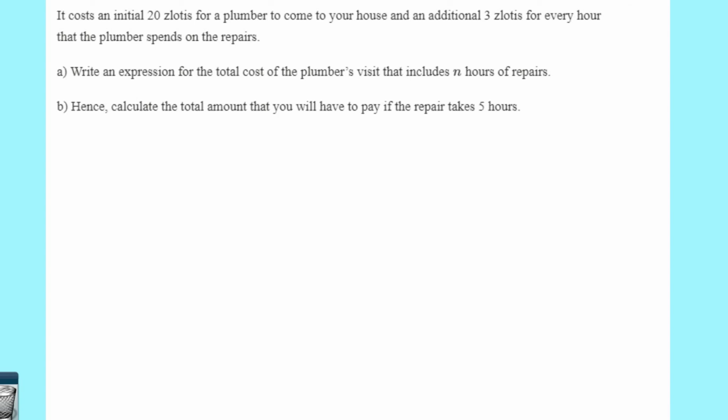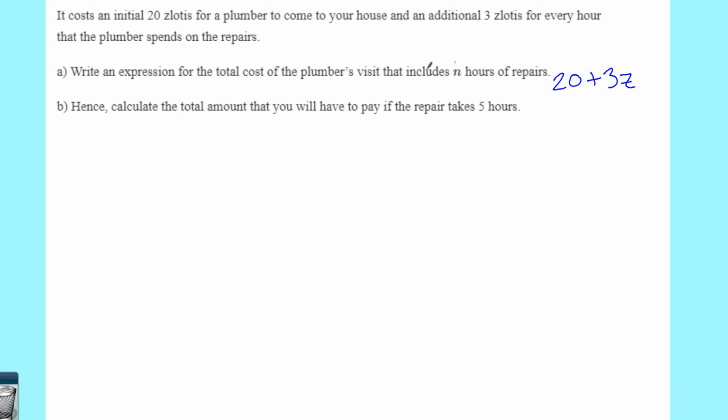So this is that international mindedness we were talking about. So you are going to start with a 20 zloty flat fee, and then you're going to add 3 zlotys for every hour. So adding 3 times n. Okay? So hence calculate.